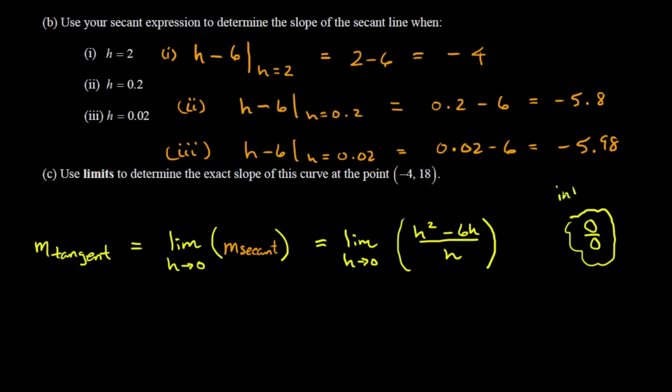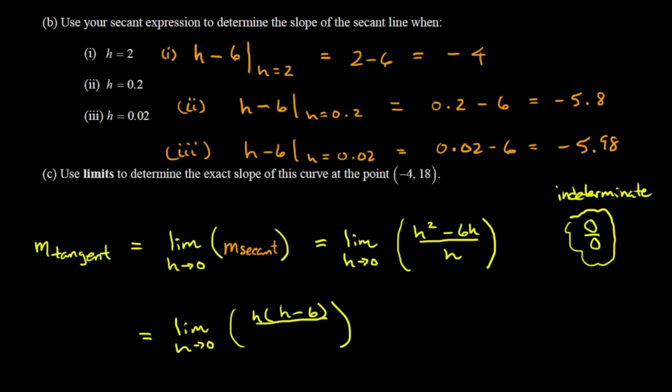And that indeterminate form is just a fact of life when you're working with secant slopes when h goes exactly to 0. So what you have to do is get rid of that h on the bottom. Of course, that's what we did when we were working with that expression. We're going to do it again just to make sure we're clear. So I'm going to factor out an h on the top, h minus 6.